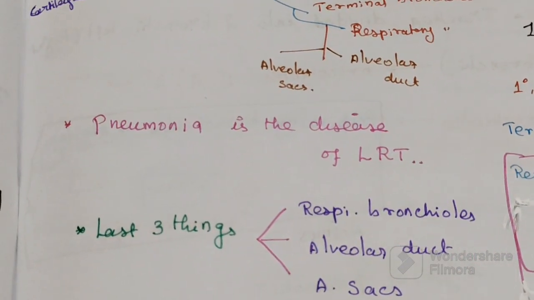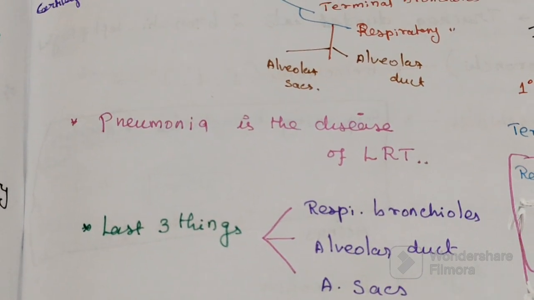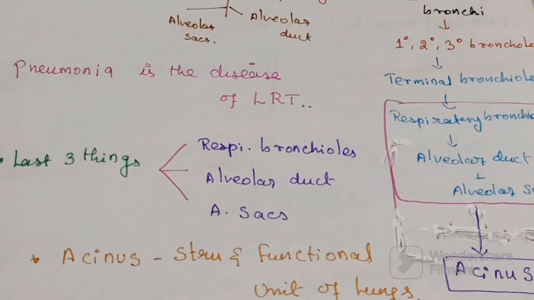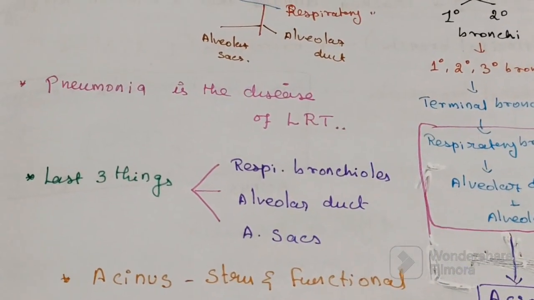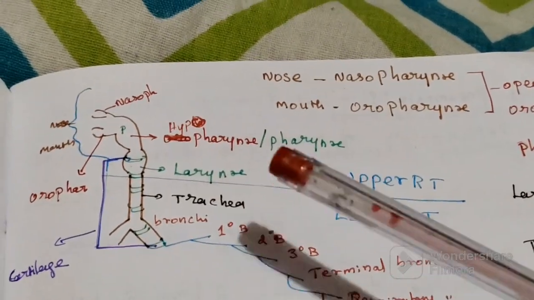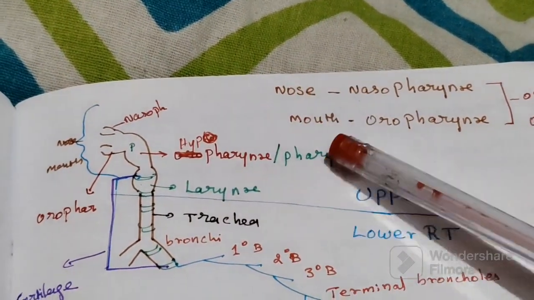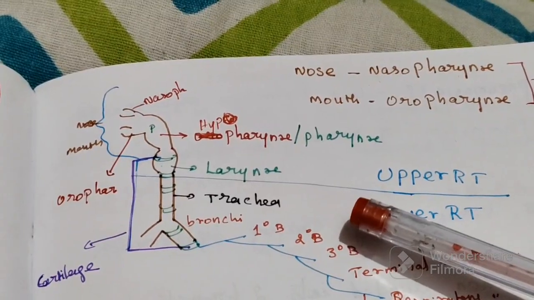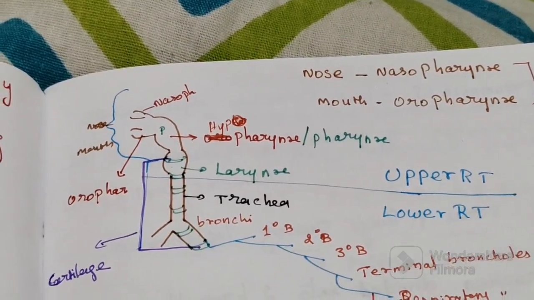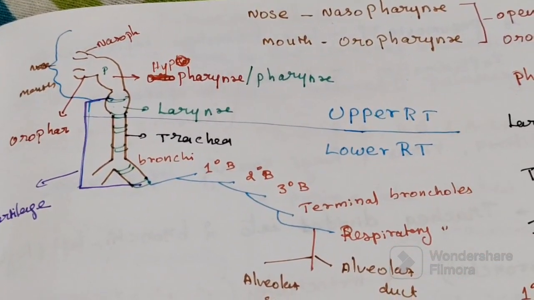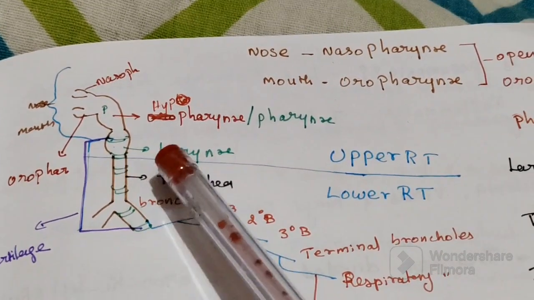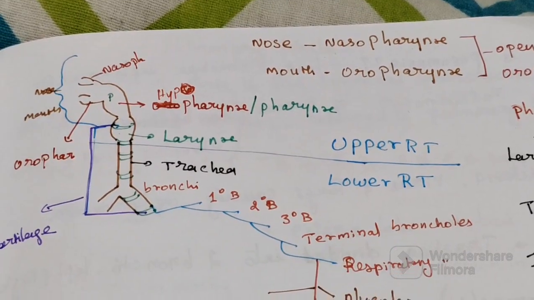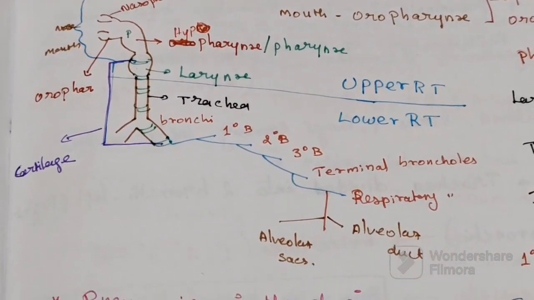Then what is pneumonia? This respiratory tree is divided into two parts. Above the larynx is the upper respiratory tract, and the portion below the larynx is known as the lower respiratory tract.